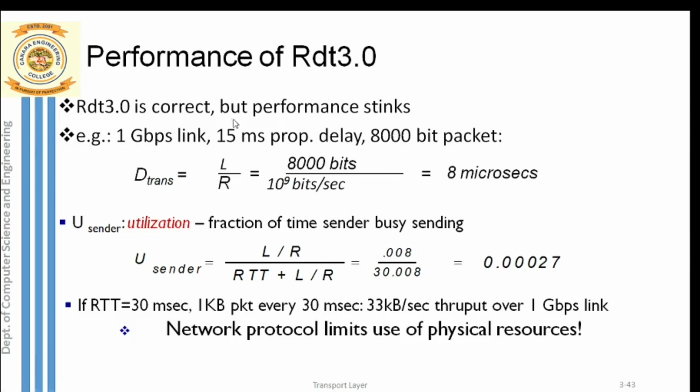It is 15 milliseconds from sender to receiver plus 15 milliseconds from receiver back to the sender. 15 plus 15 is 30 milliseconds. So 30 milliseconds is the propagation delay for any packet, or you can call it the round trip time.